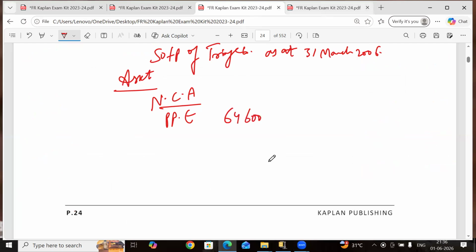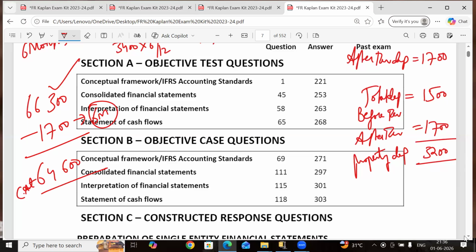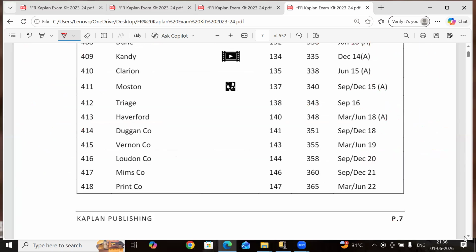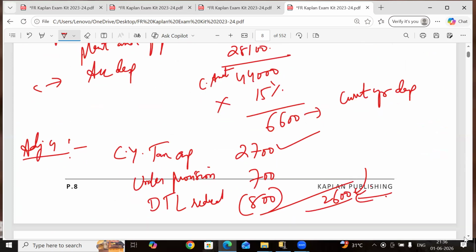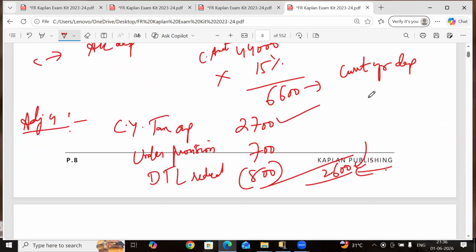And then we had one more asset, right? We have to do it at reducing balance. So 44,000 was the asset value. From that 6,600 we have to remove the depreciation.